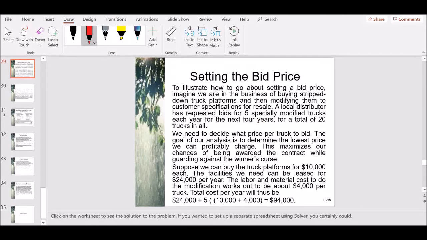So what we have is we have to bid for 20 trucks for 4 years, and 5 trucks each year.